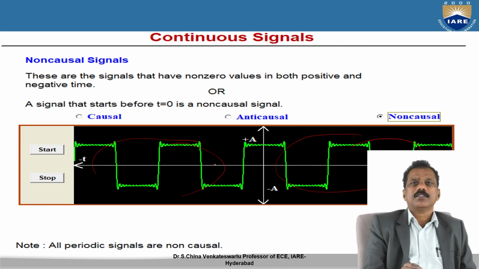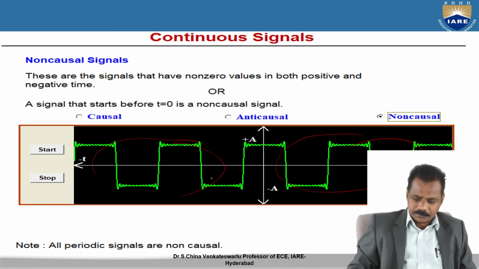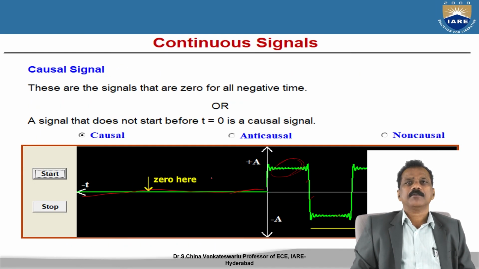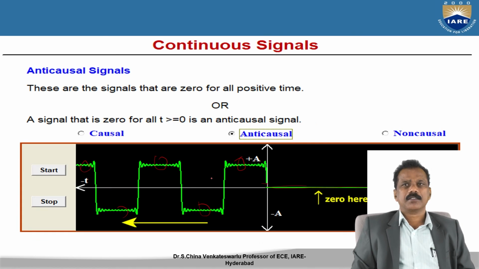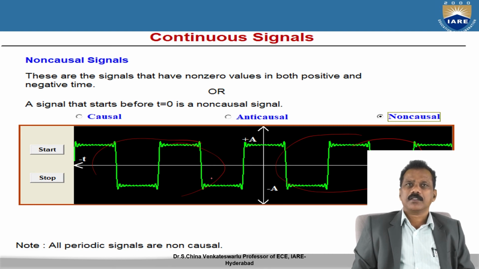Previously, in the causal signal, non-zero values are observed. So for causal, the left side is 0, for anti-causal the right side is 0, and now it is the non-causal signal. These are the signals that have non-zero values in both positive and negative time.